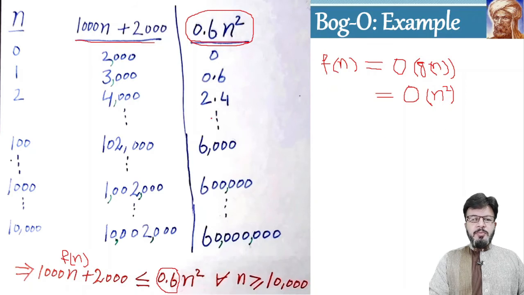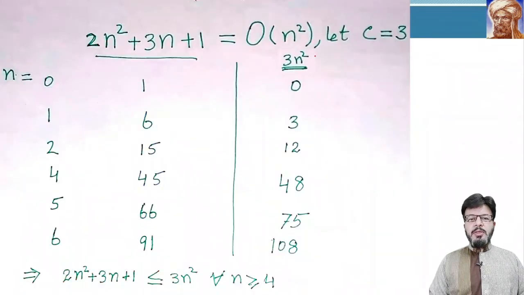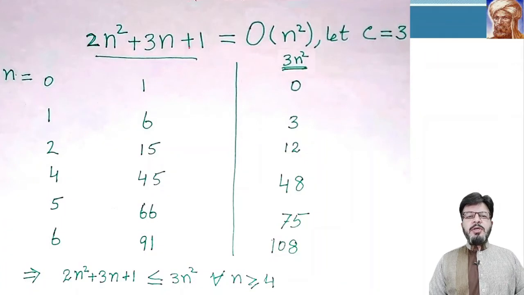Let's take another example. This is an interesting example, because both the functions are quadratic functions. Over here, the function f of n is equal to 2n square plus 3n plus 1, while our function g of n is just n square.